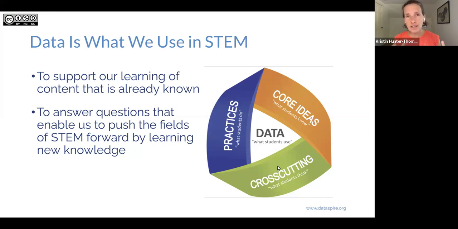That is the language the Next Generation Science Standards use, but it is very similar to what Common Core Math uses for math standards, and to what C3 uses for our social studies practices, and our computer science practices and domains.